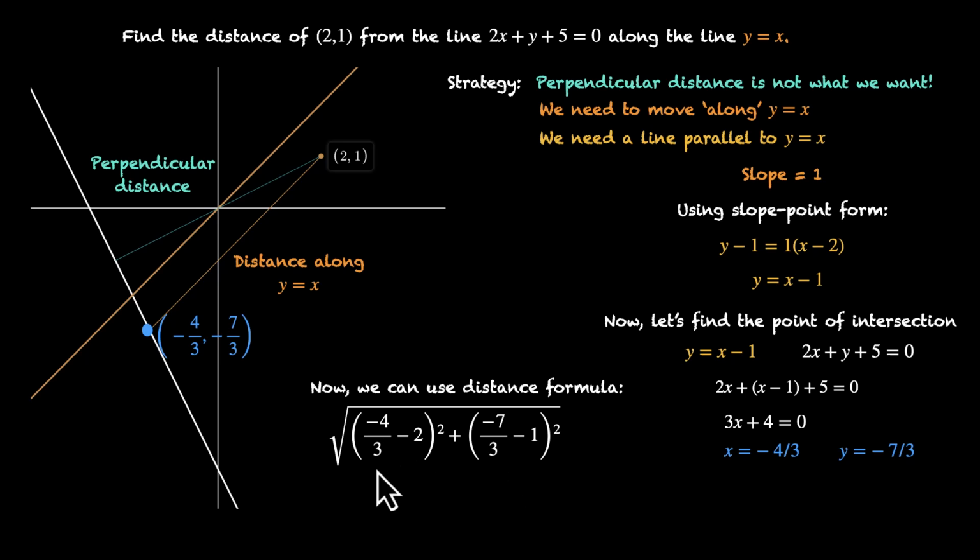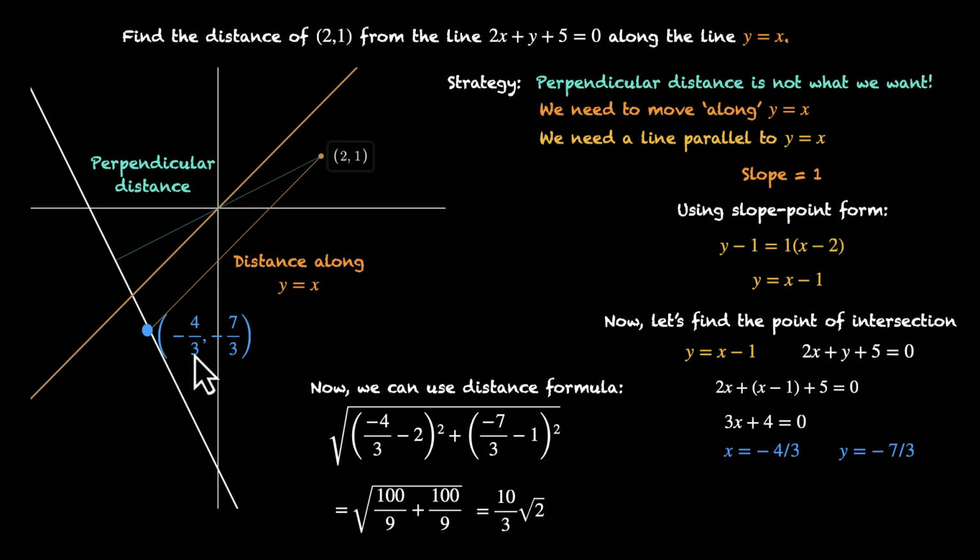This is -4 - 6, that's -10 in the numerator. Squaring that gives 100, so 100/9, plus (-7 - 3), that's again -10, so that's also 100/9. So this is 100/9 + 100/9, that's 200/9. Taking the square root will give us (10/3)√2.